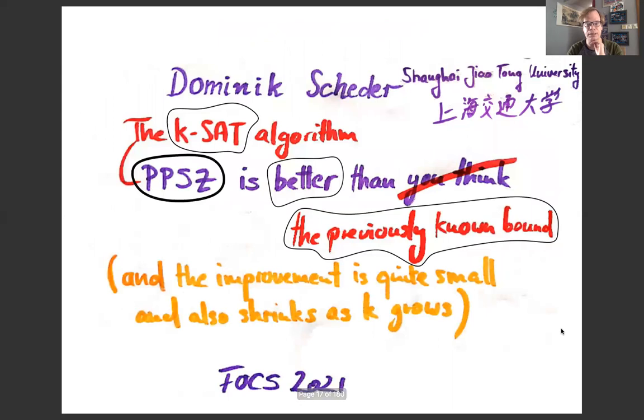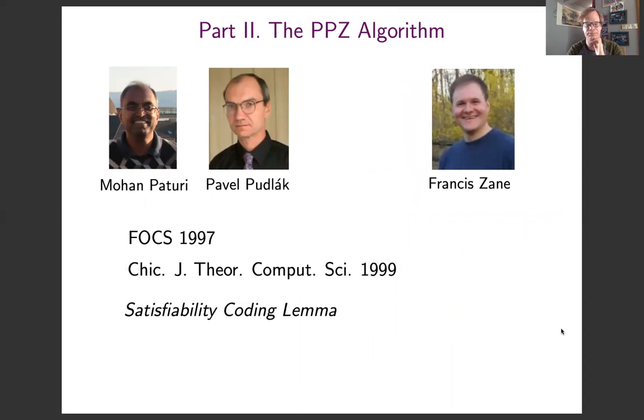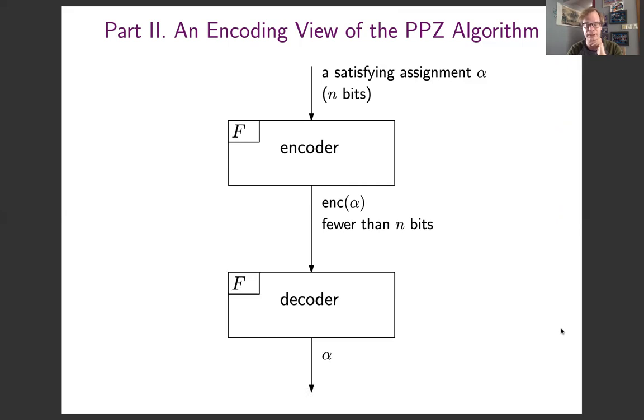Part 2, the PPSZ algorithm. Actually, part 2a, the PPZ algorithm. So this is a SAT algorithm. It's best viewed as an algorithm between encoder and decoder. So we have an encoder that wants to encode a given satisfying assignment with fewer than n bits, such that a decoder can recover it.